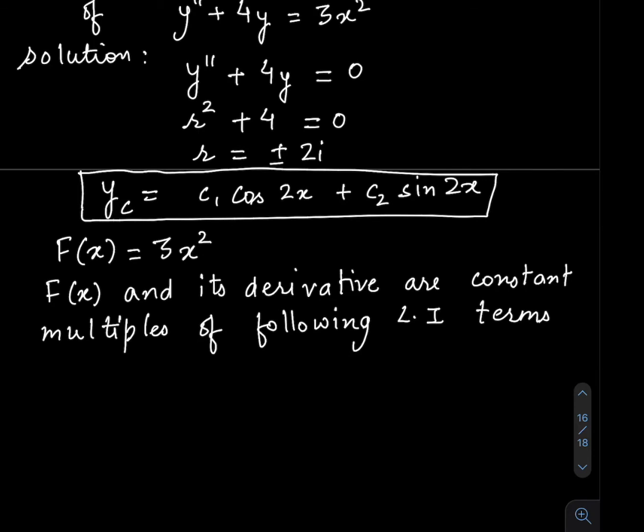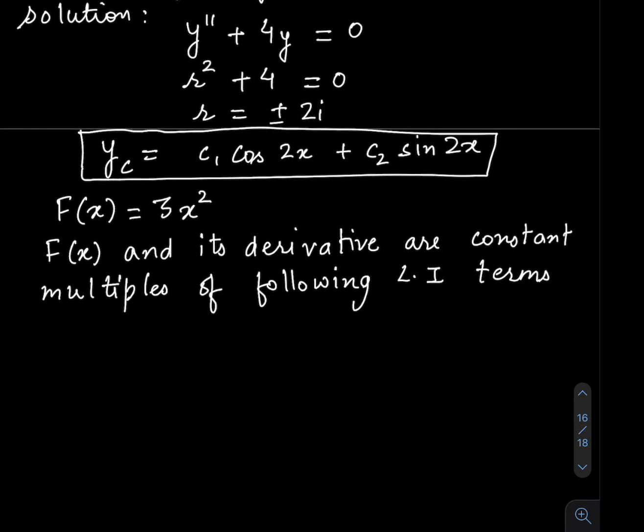So we are not bothered with the constant multiple. We are just looking for the linearly independent terms. So first one is x square, which is involved in f(x). The second one is x. When you take the derivative, you will get 6x.